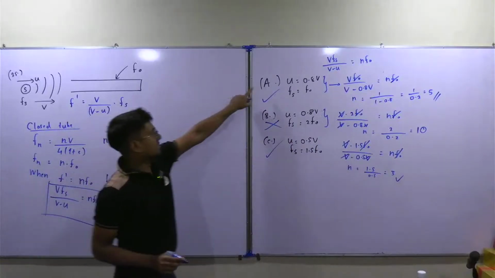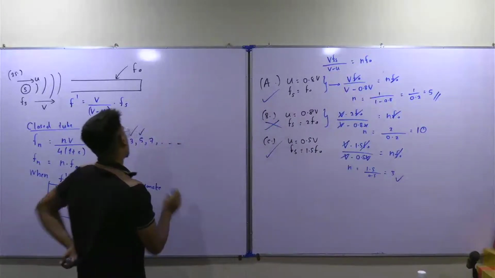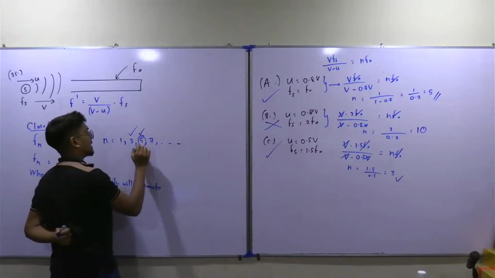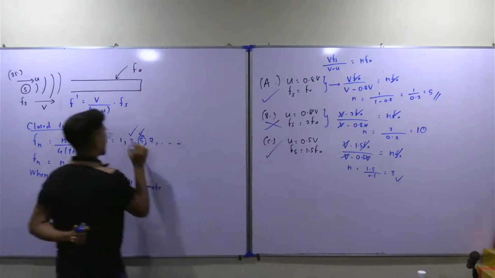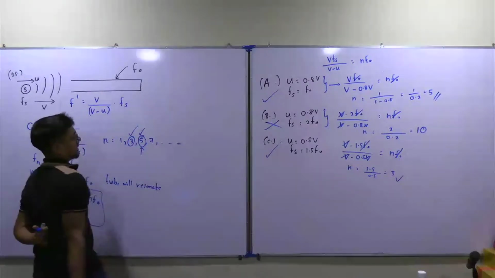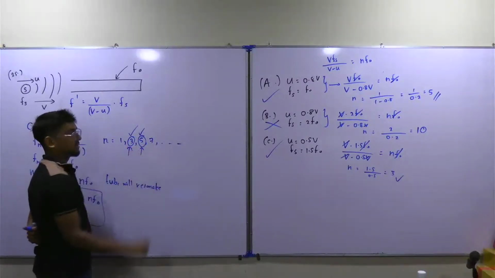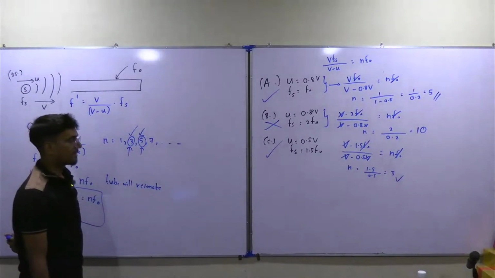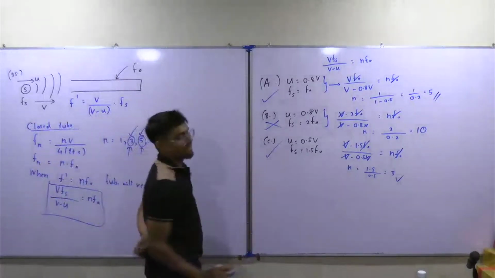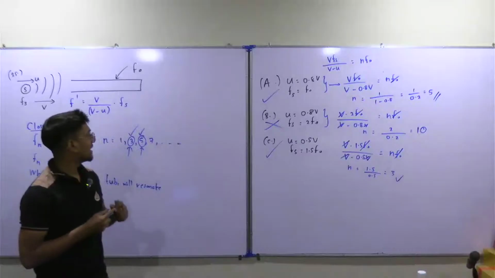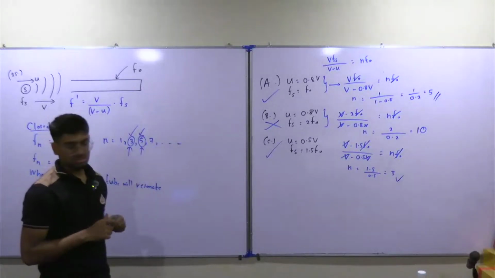So in the first case the tube is resonating with the fifth harmonic, and in this case the tube is resonating in the third mode of vibration, third harmonic. B cannot be the answer. So the answer is A and C, not B.